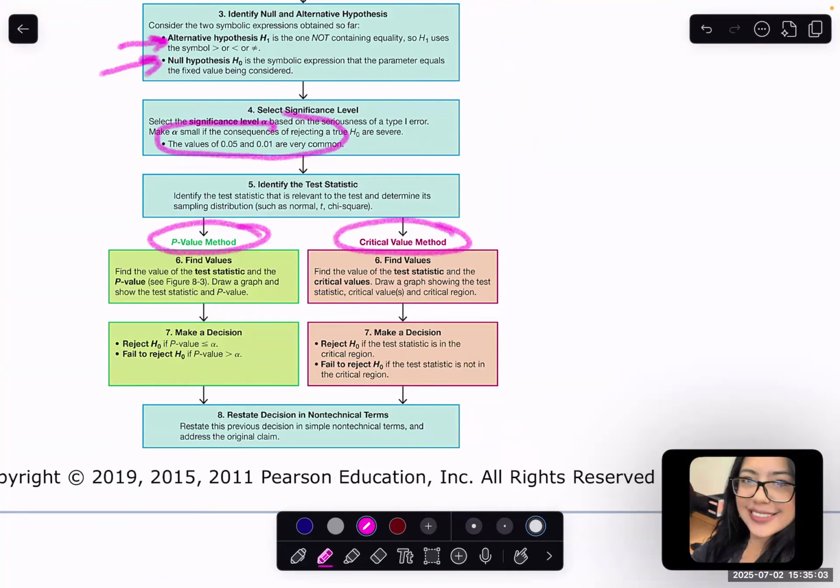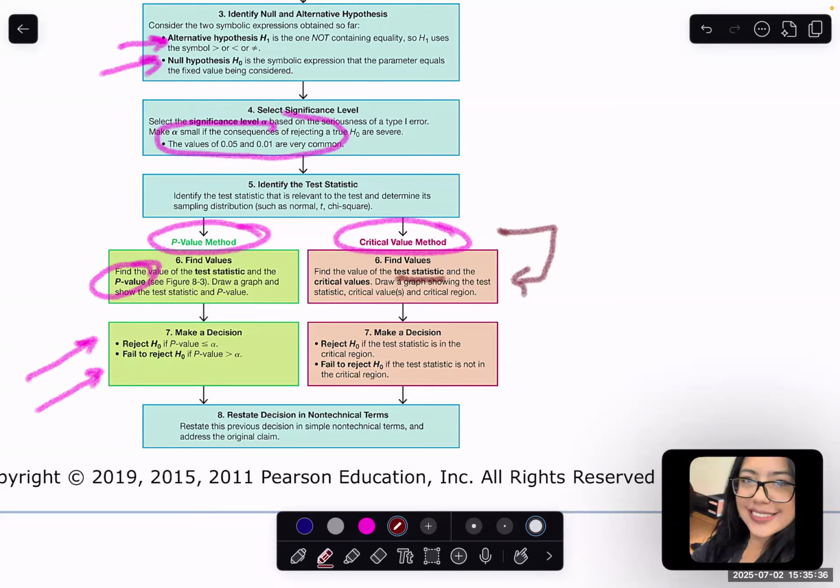So there's two ways. If you're using the p-value method, you need to find what the value of p is, and then you will conclude either you will reject the null or you will fail to reject the null. You will reject the null if the p-value is less than or equal to alpha. You will fail to reject if the p-value is greater than alpha. The other way is the critical value method, which uses the test statistic and the critical values.